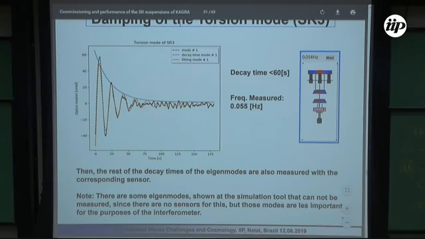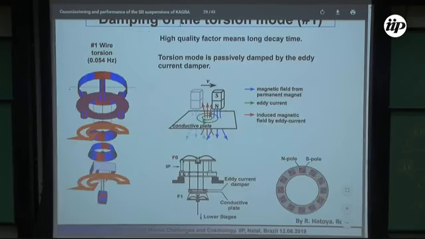Note that there are some other eigenmodes shown in the simulation, but we are not measuring them because we do not have access to them by sensors and actuators, and most of these modes are not important for the purposes of the interferometer. For example, for this eddy current damper, we don't really care whether it is moving too much or not, because that will not affect the mirror much.